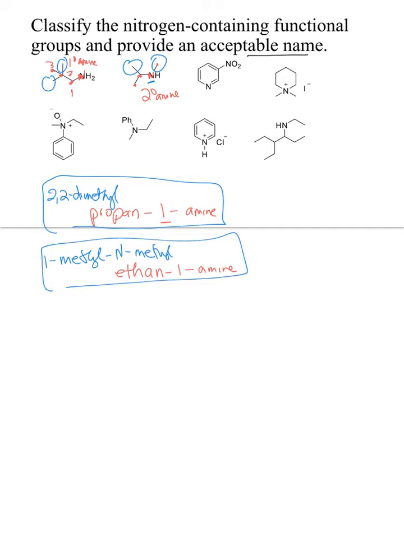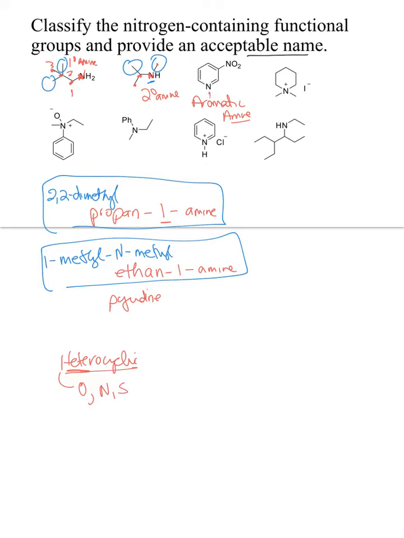Your next compound would be classified as an aromatic amine for the nitrogen, and that is pyridine. You can look at your slides with heterocycles. When you hear heterocyclic, that's a cyclic molecule with an atom that's not carbon, like oxygen, nitrogen, or sulfur.